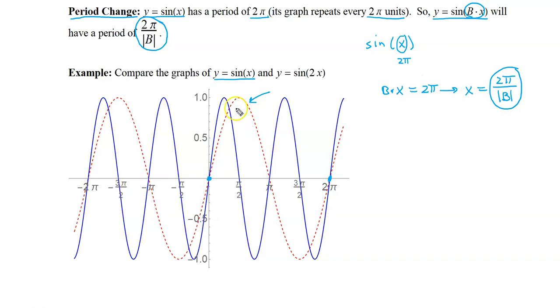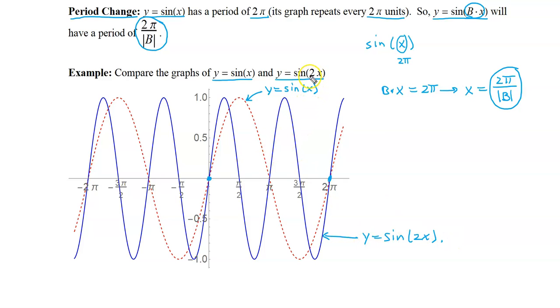So let's take a look at this example down here. So here we have the graph of two functions, y equals the sine of x, and y equals the sine of 2 times x. Now the sine x, that's the graph of the dotted curve right here. And sine 2x, that's the graph of the solid blue curve.